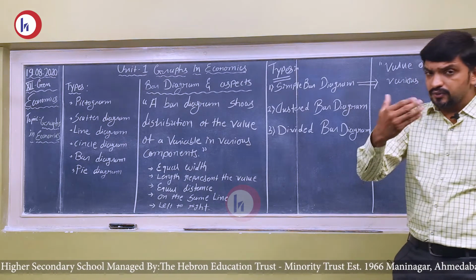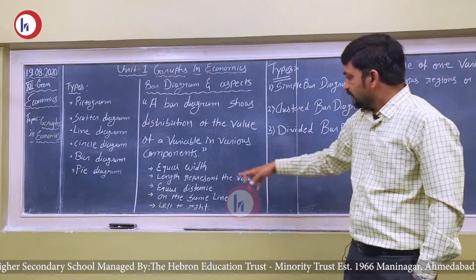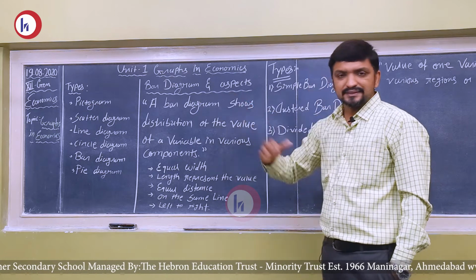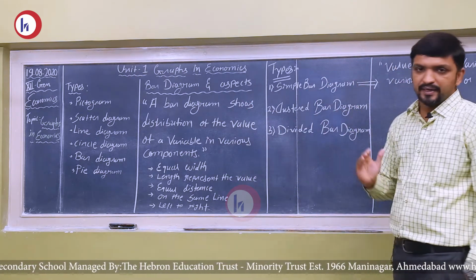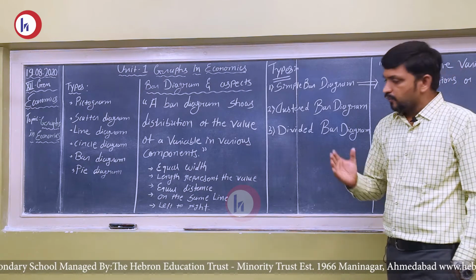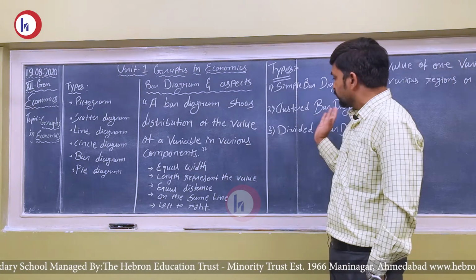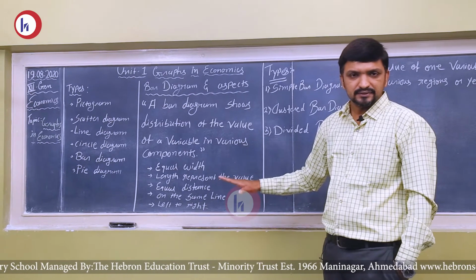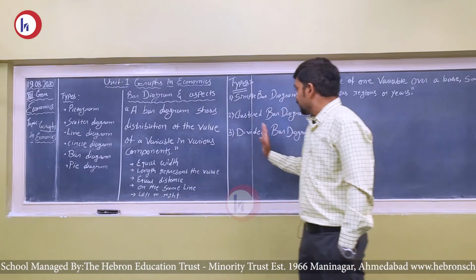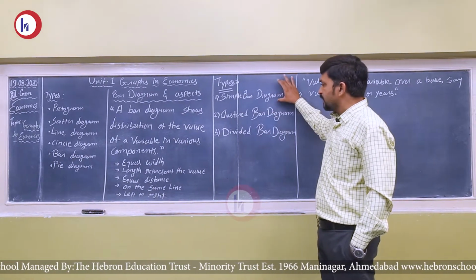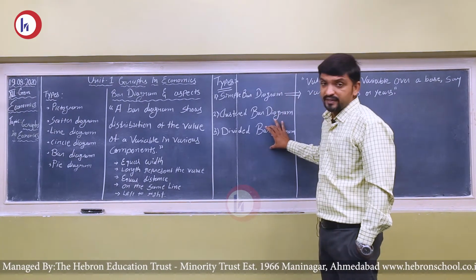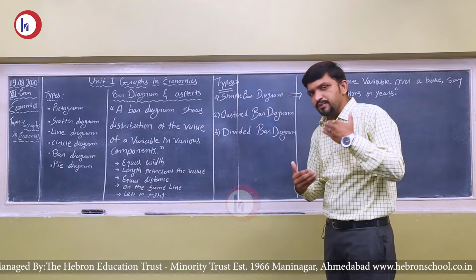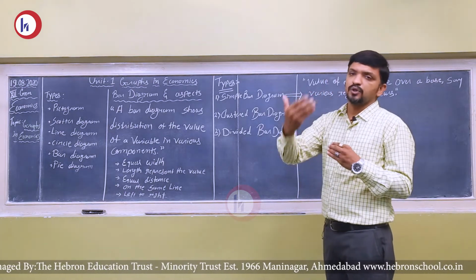Now, in your textbook, the question of the aspects is given after the presentation of these 3 types of bar diagram. But why have we taken it before these 3? The reason is, as we are going to present the information with the help of simple bar diagram or clustered bar diagram or divided bar diagram, we must know how to draw a bar diagram.